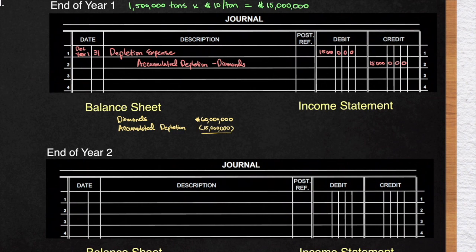That's also a contra asset, just like accumulated depreciation. And the difference between the two is your net book value. As a reminder, net book value is not an actual account. It's just the difference between two accounts, just to show it and reflect it on the financial statements. The difference between the two is $45 million. On the income statement, you'll have a line called depletion expense for the amount of the journal entry, which is $15 million.